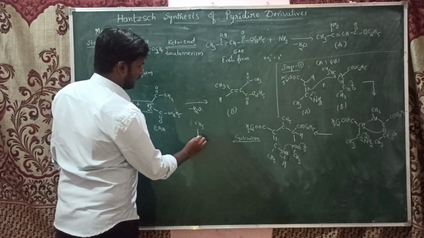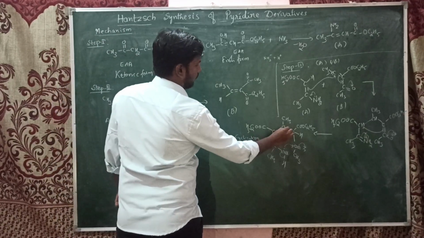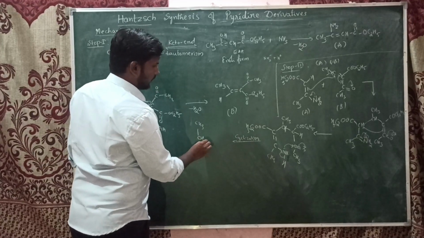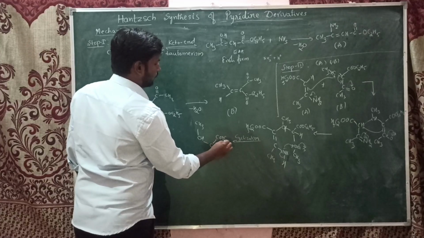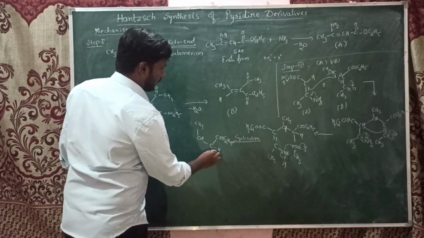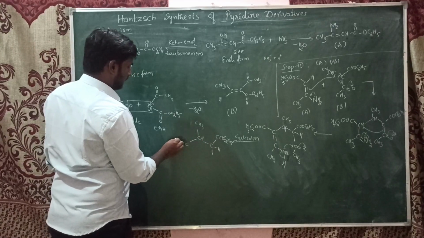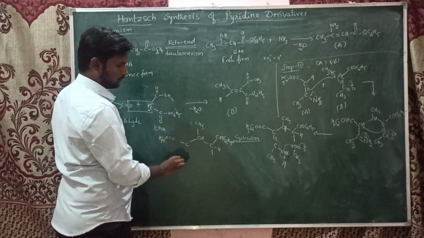Okay, so let me write that structure. CH3, C. Here there is an H. Yeah, sorry, I forgot the H. This is CH, COO, C2H5. It is a single bond. Here it's a single bond, carbon. Here COO C2H5.